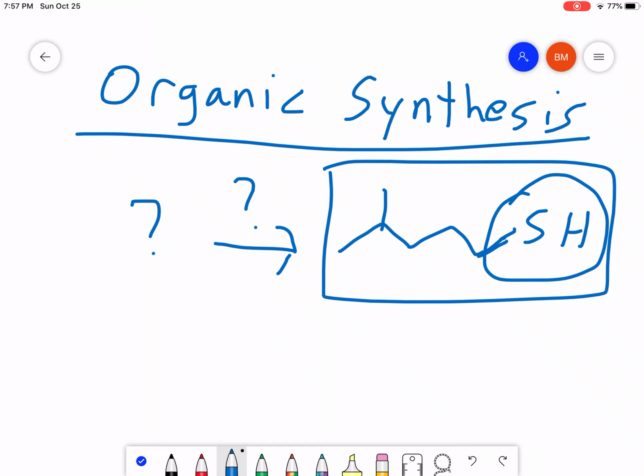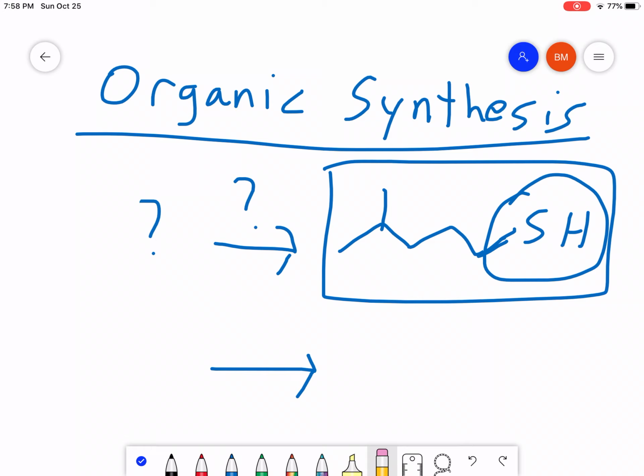Well, in order to do that, number one, we're going to need a nucleophile, and we're going to need something over here that contains a leaving group, all right? What are some good leaving groups? Hopefully you guys have been paying attention this chapter.